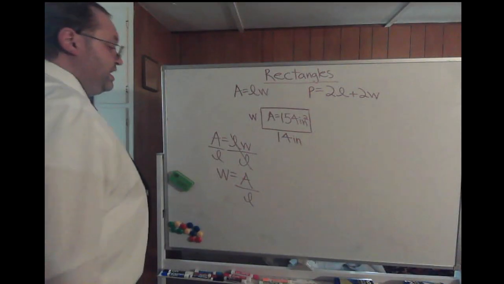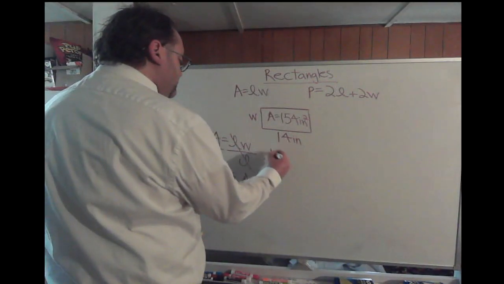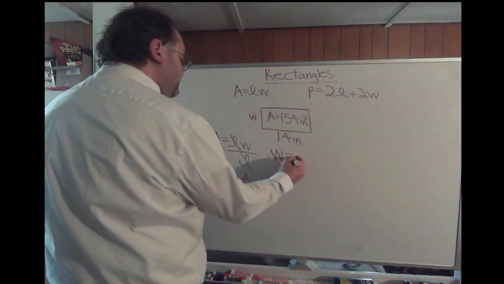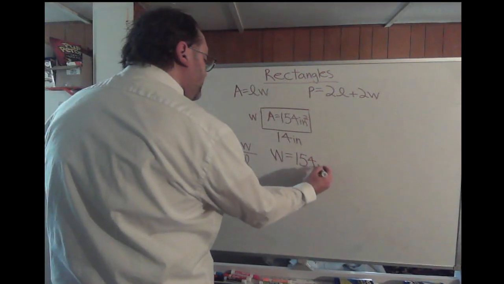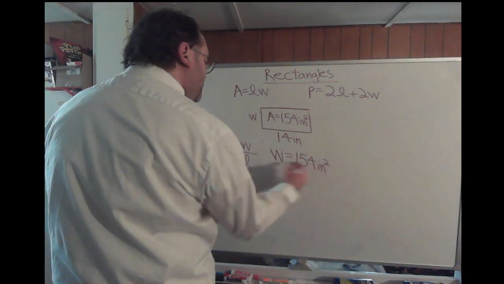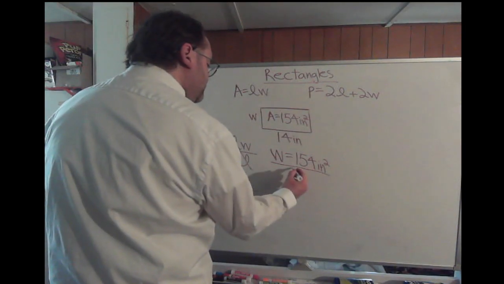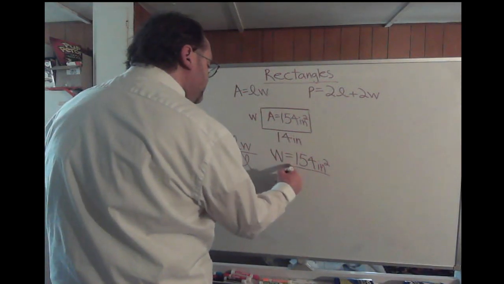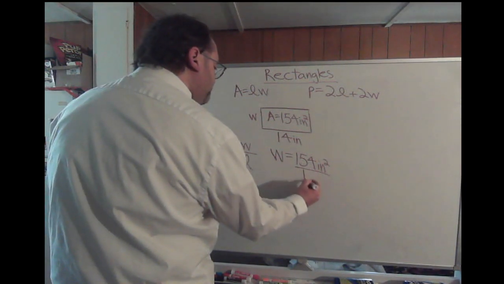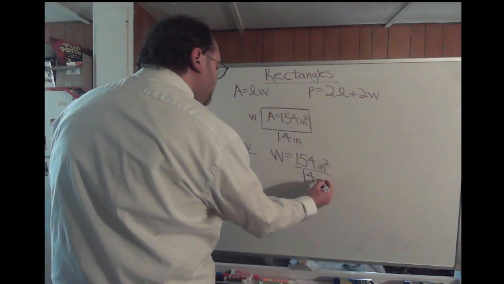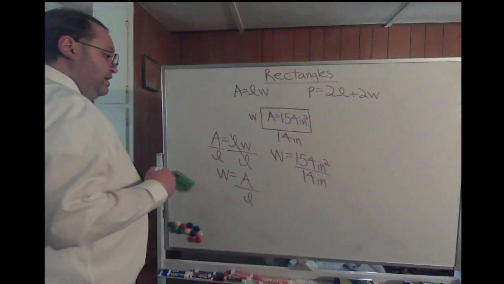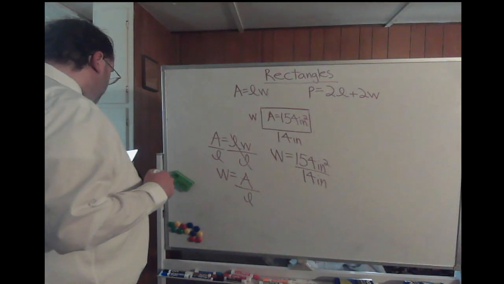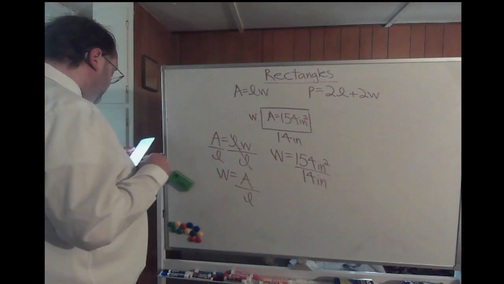So now we can apply this formula. Your width is equal to your area, which is 154 square inches, over the length, which is 14 inches. Alright, now it's time to find 154 divided by 14, I think is 11, but let's be sure.